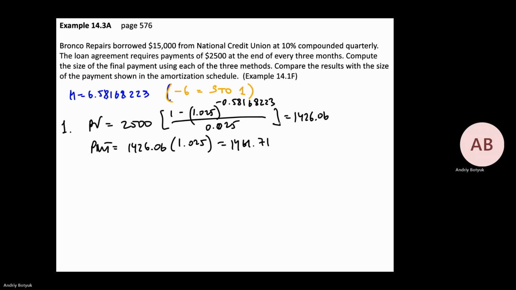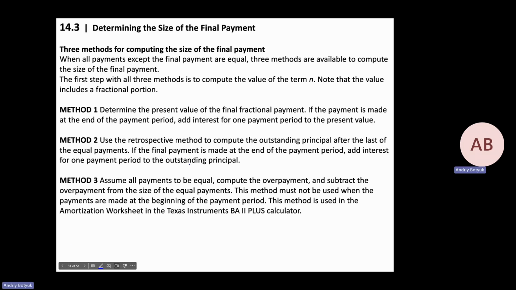So, yes. Yeah, it's method 3. Okay. That's method 3, and we used that a few times already. So the second method, what does the second method say? Use the retrospective method, just after the last of the equal payments.